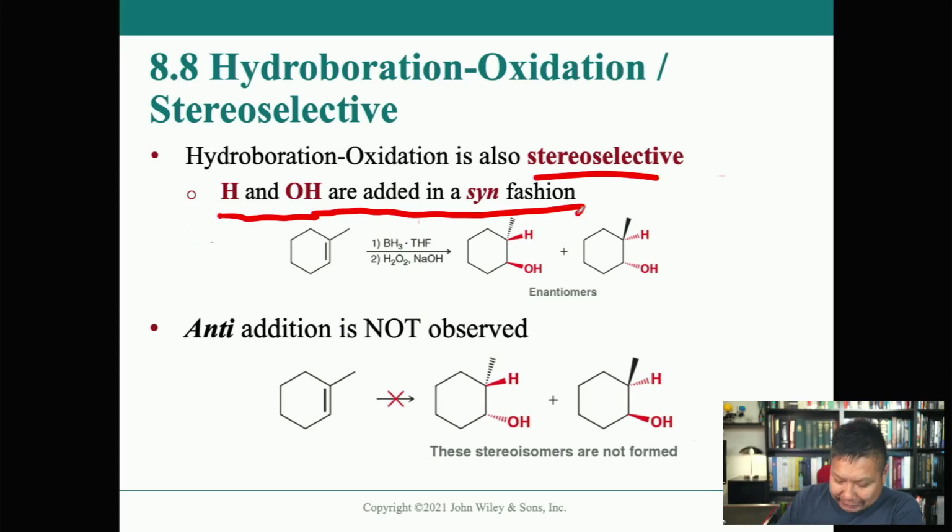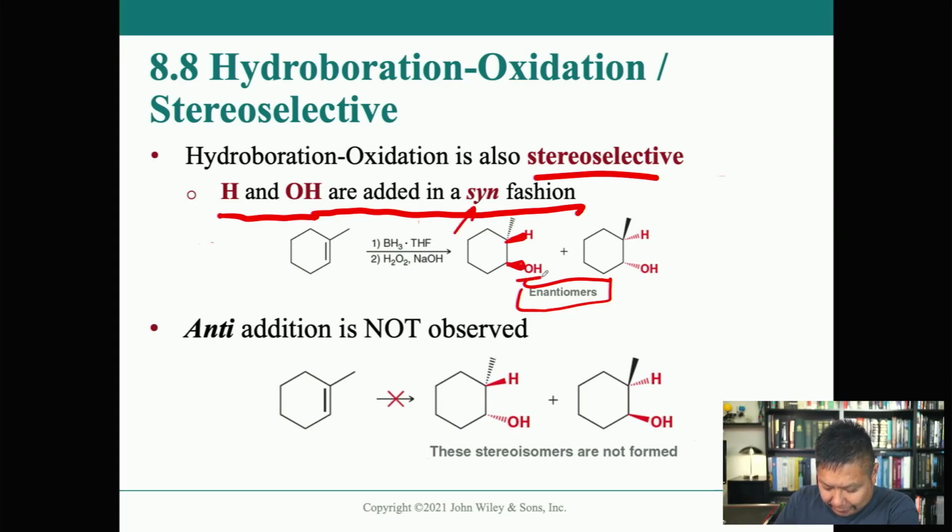Which means you'll get a mixture of enantiomers in this reaction, but when H and OH get added, they're always going to be on the same side, which is what syn means.